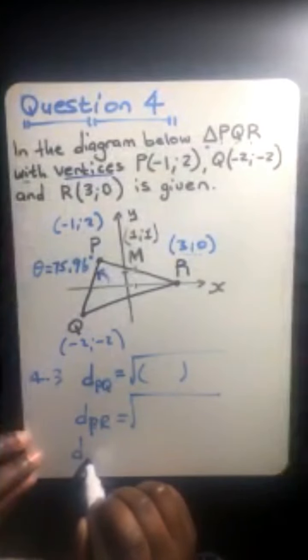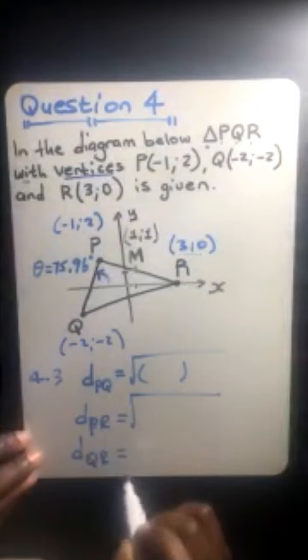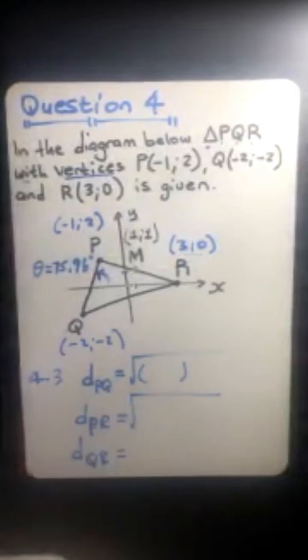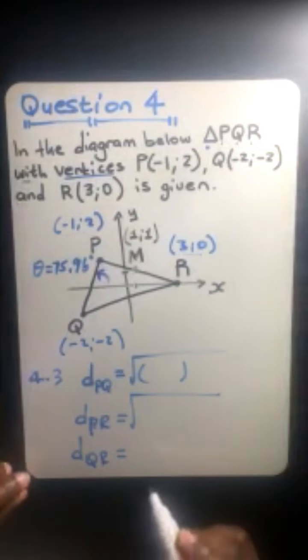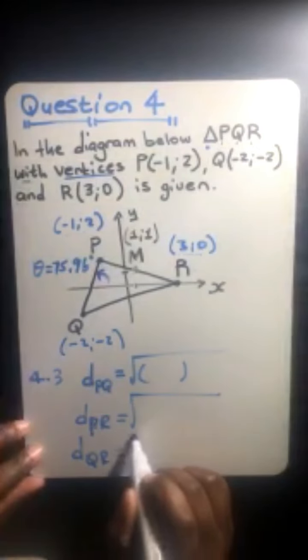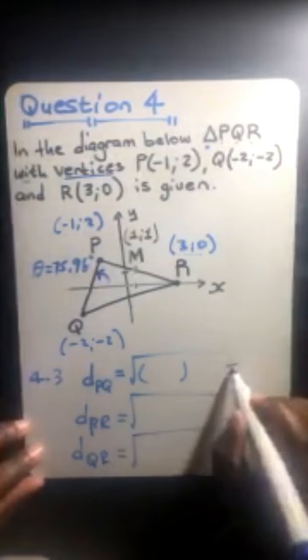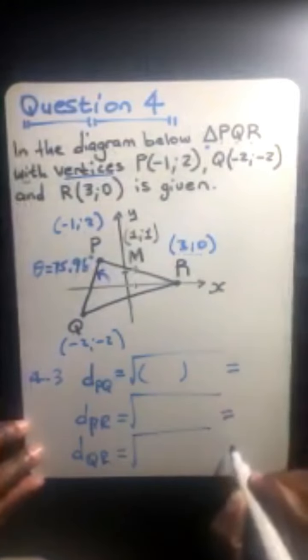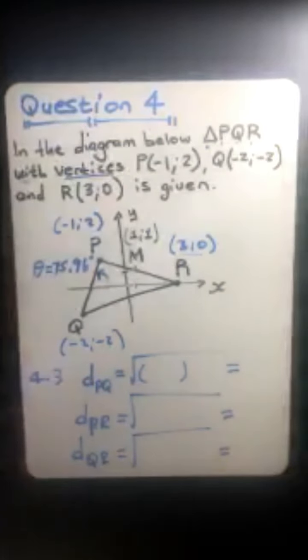And then the other one is going to be QR. Who's going to calculate this one? Lwazi, Lerato and Molefe, can you guys calculate the distance for this one? If you are done, just mention the answer there.